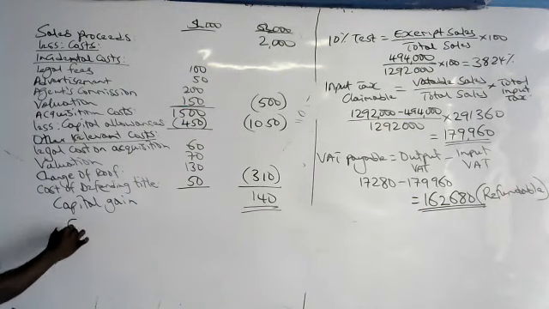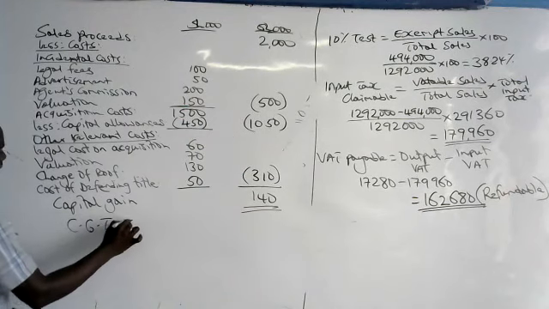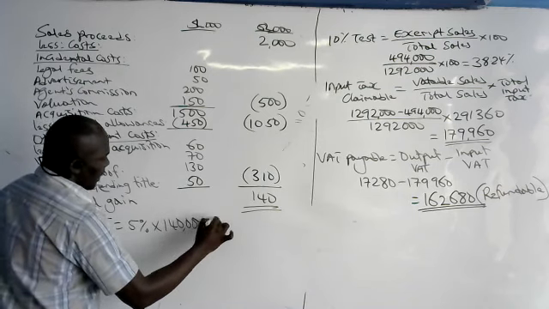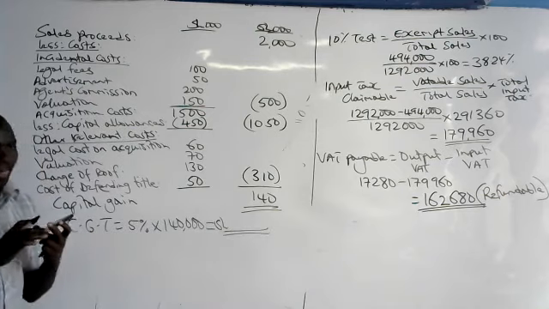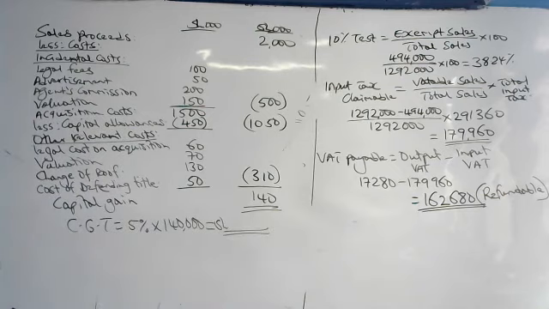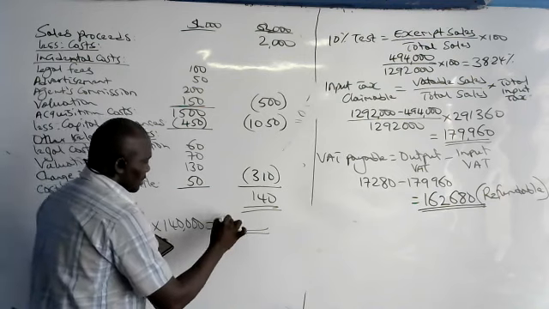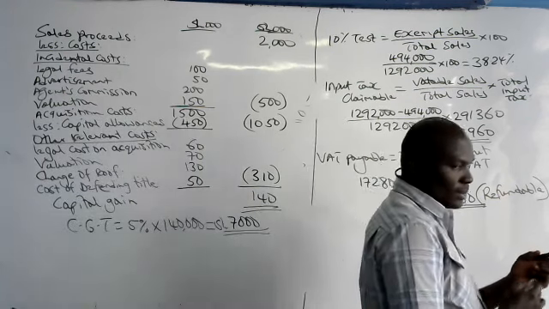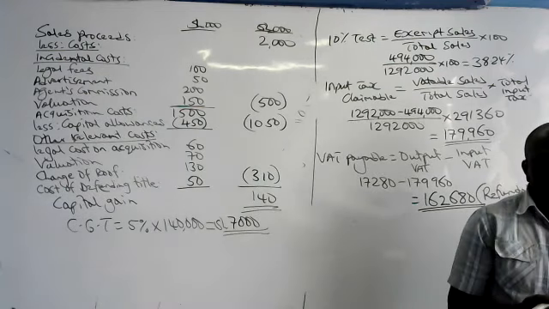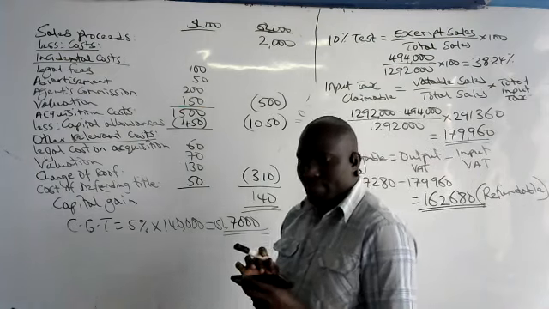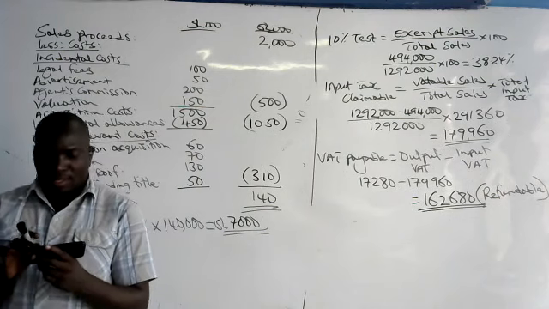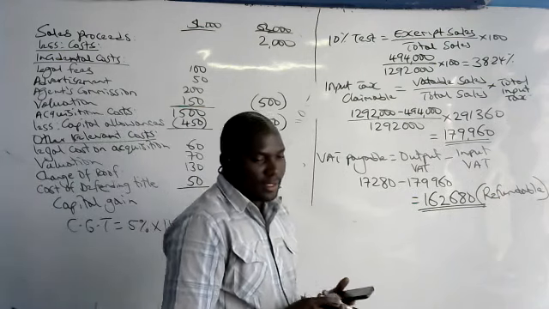So when we have the capital gains tax, it is 5% of 140,000. So I think that is it.